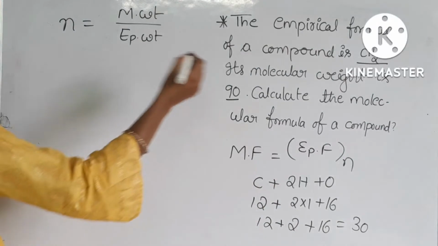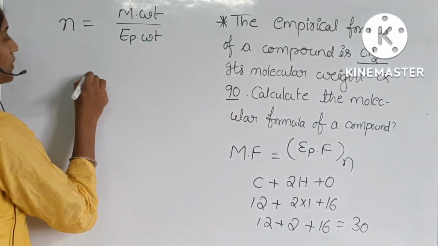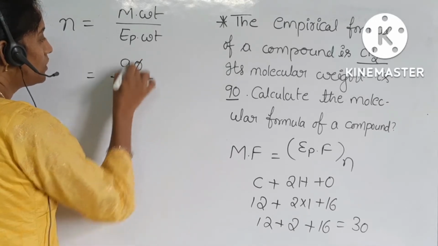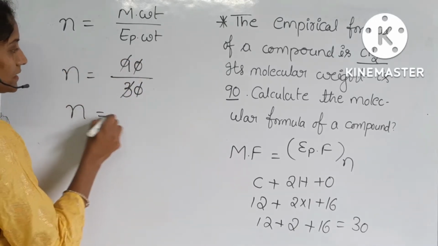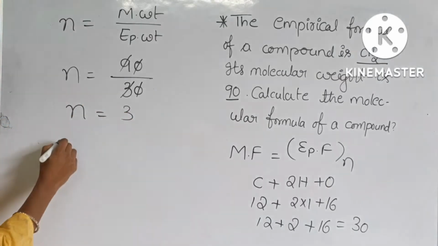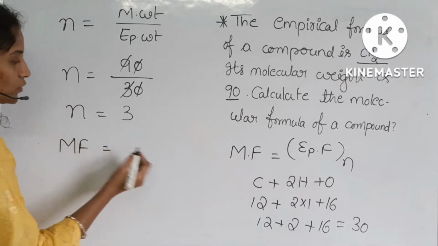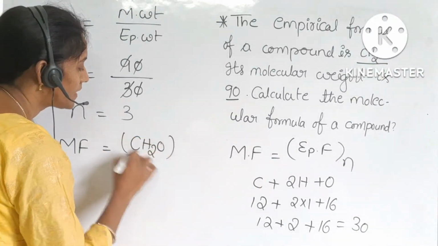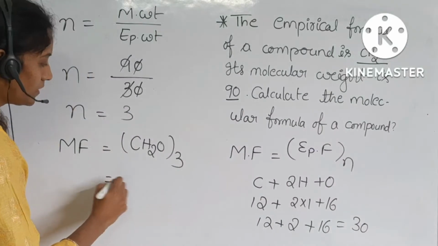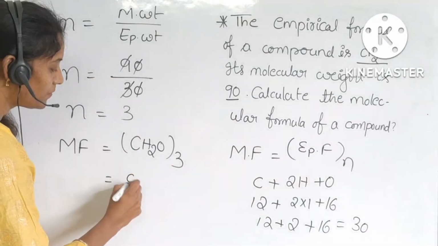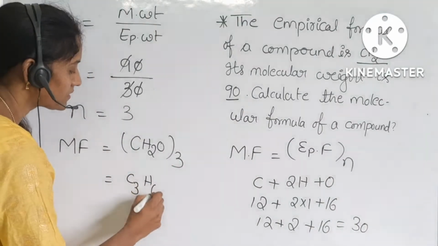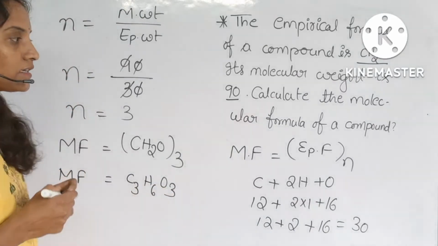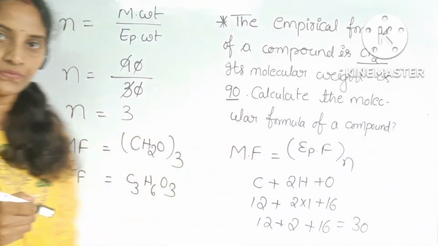So you can substitute this 90 and this 30 in this formula. 90 upon 30, so this n value you will get is 3. So the molecular formula equals the empirical formula, which is CH2O, taken thrice. So you can multiply with this 3: C3H6O3. This is the molecular formula of that given compound.